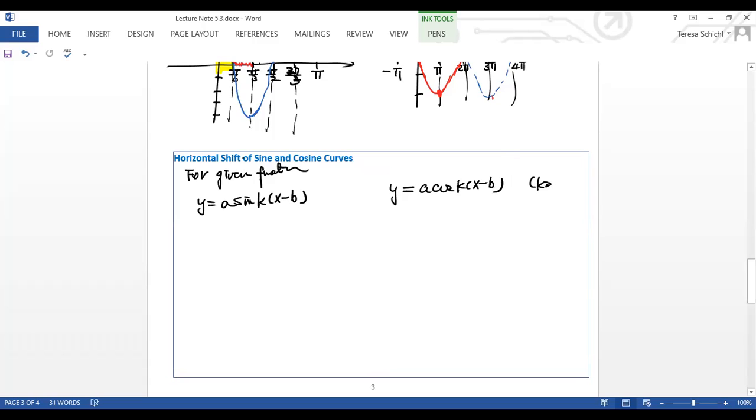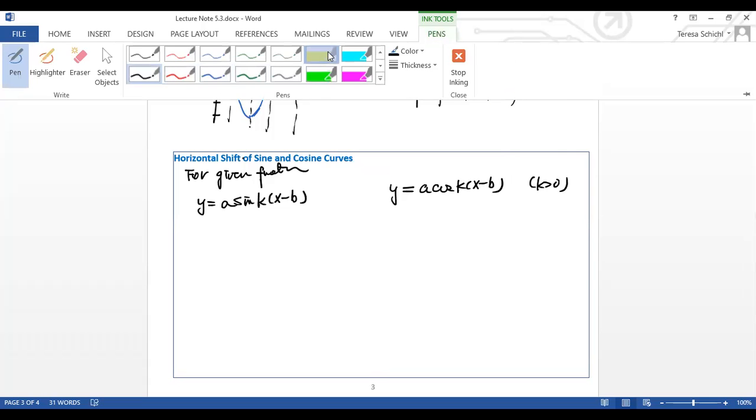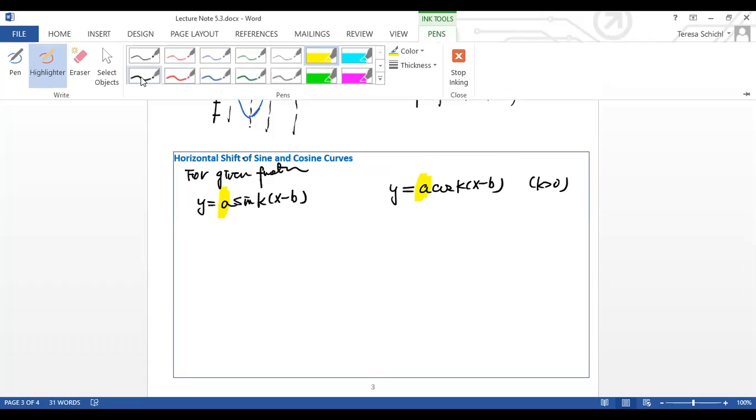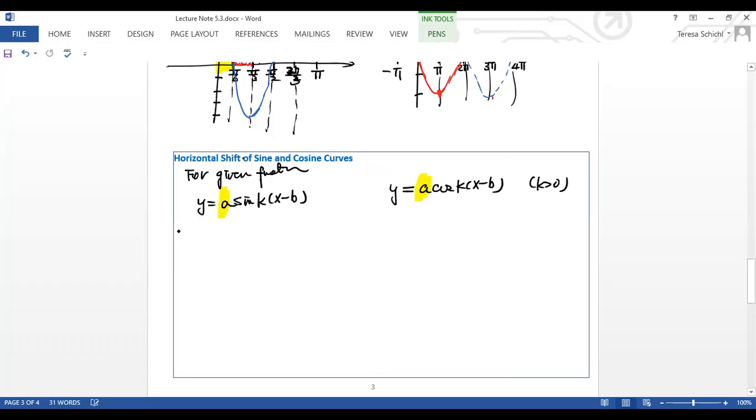In here we assume k greater than 0. This a in front of it, we call this vertical stretch or shrink, right? So the amplitude is still equal to the absolute value of a.